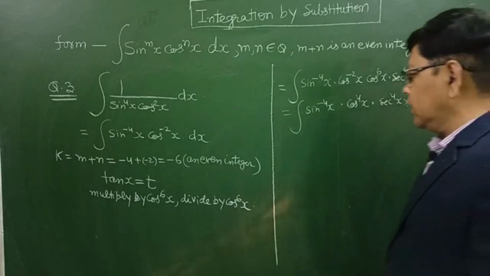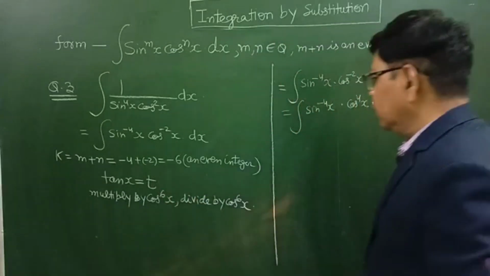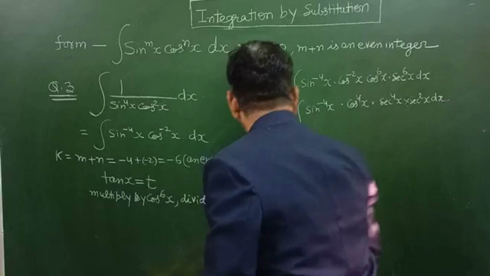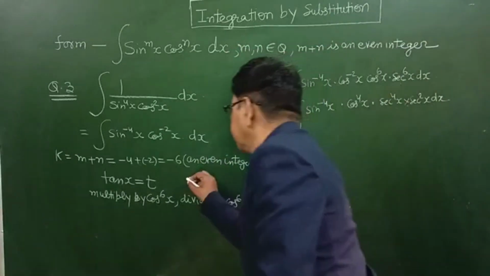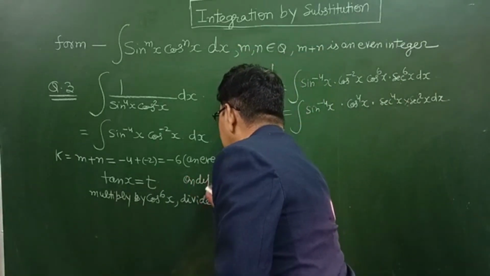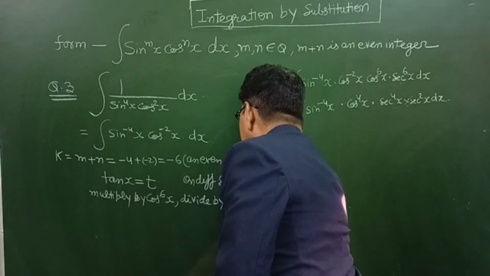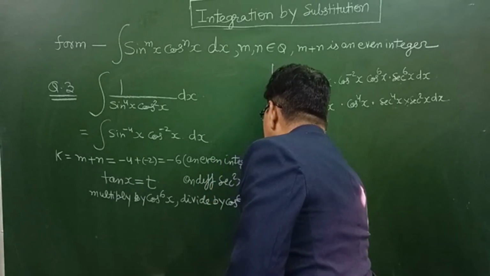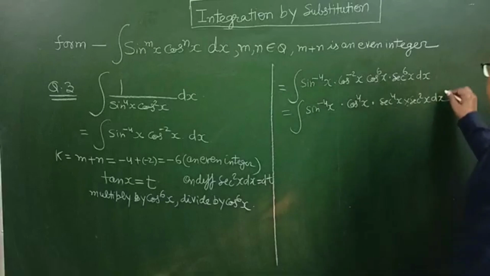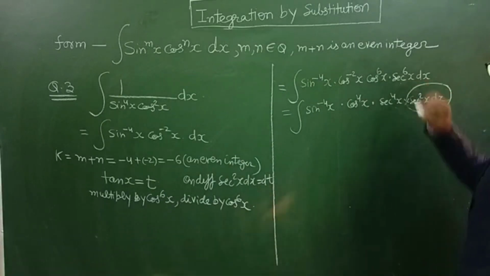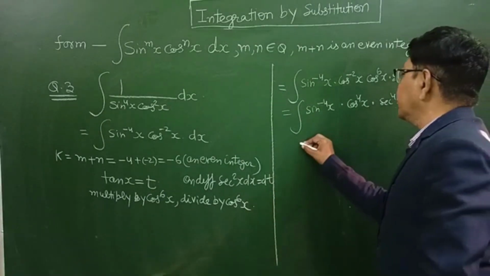Because if you let tan x is equal to t, then on differentiating you will be having sec square x dx is equal to dt. So this sec square x dx will be replaced by dt, and here we can balance it.